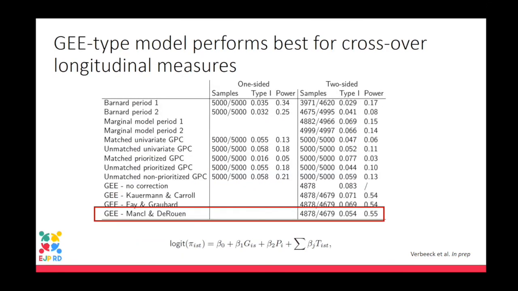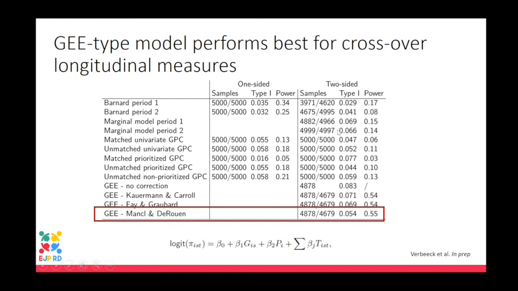We did a lot of simulations with these methodologies on the EB trial. And what we've seen is that the power to detect a treatment difference is the highest in those GEE type models. And these are just names for small sample corrections.